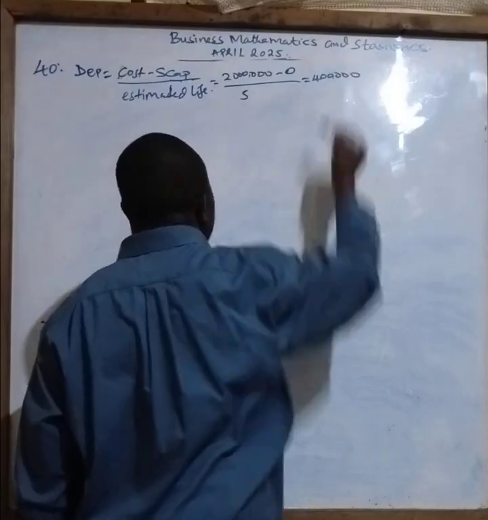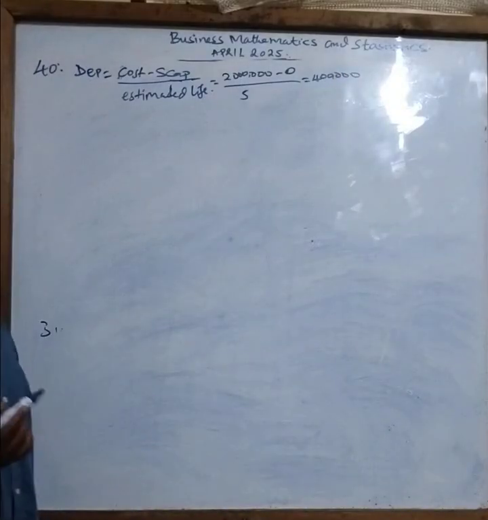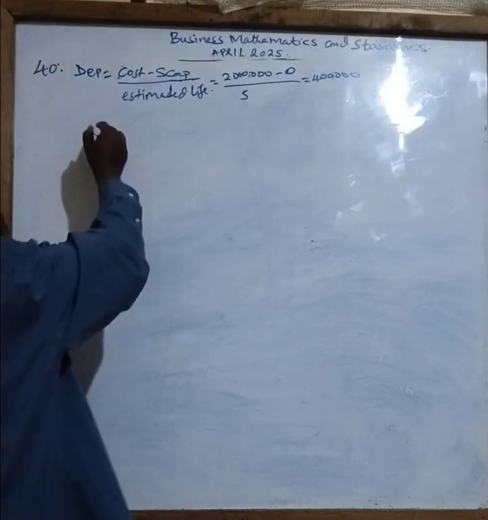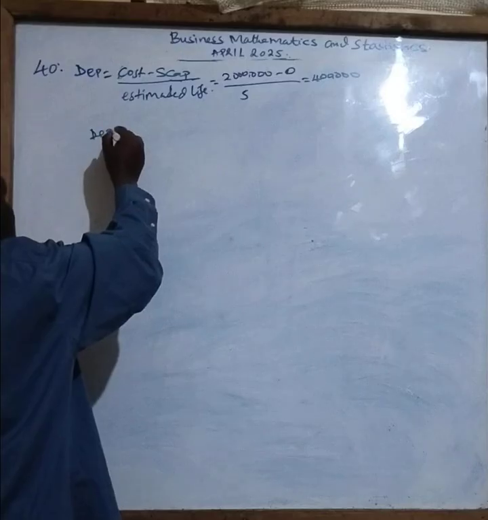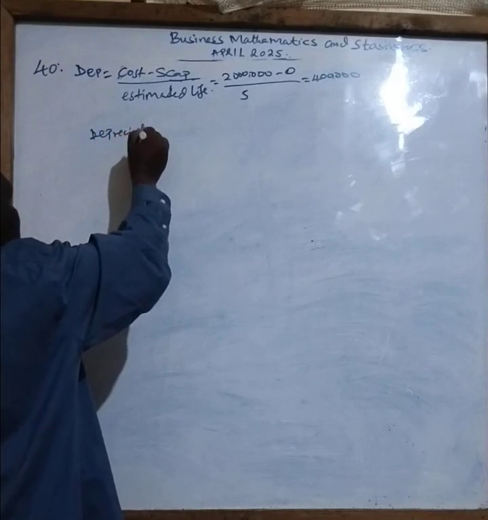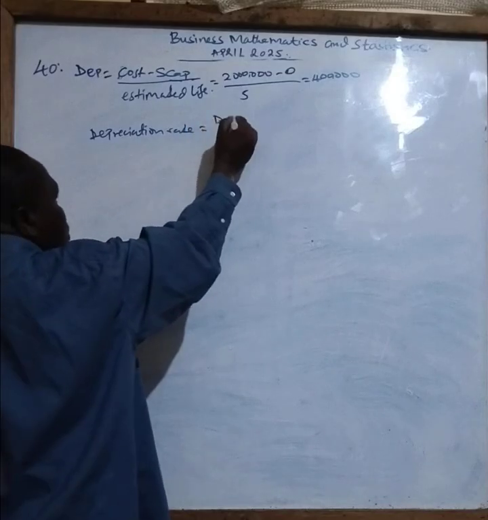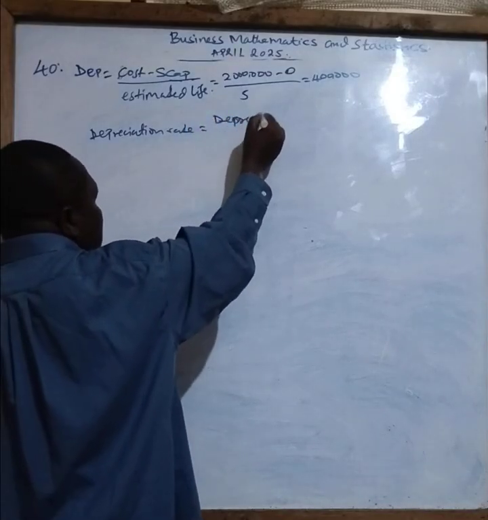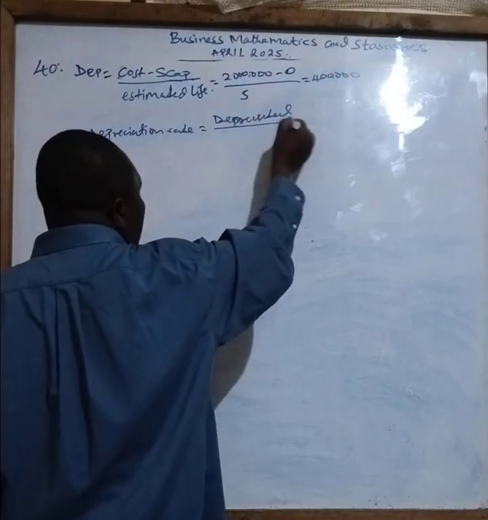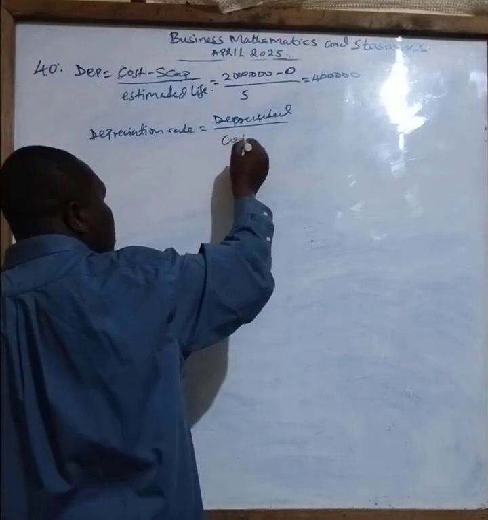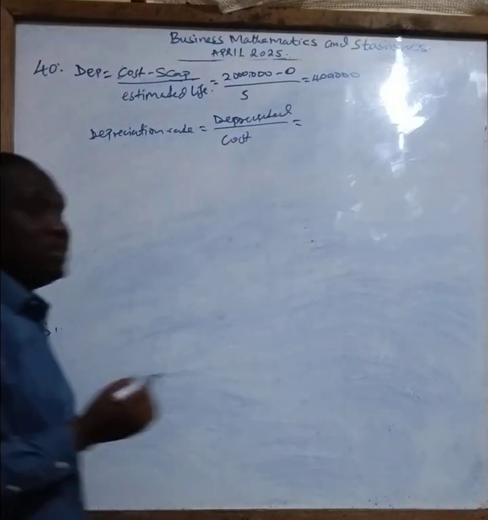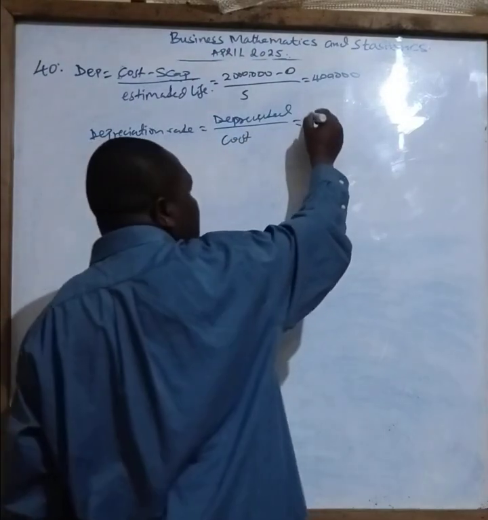So when you divide this, your answer you get is 400,000. But the question was saying calculate the depreciation rate. So for us to calculate the depreciation rate, you need to take the depreciation amount over the cost. My depreciation amount in this case is 400,000.